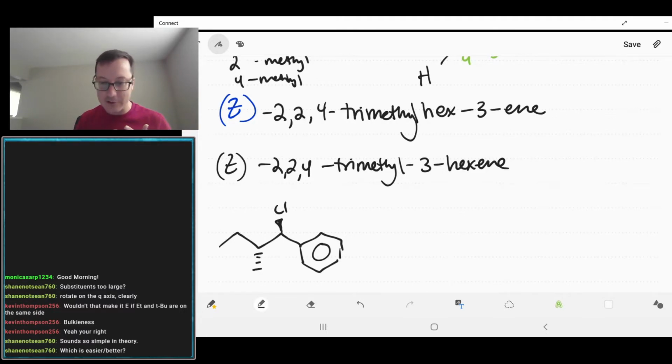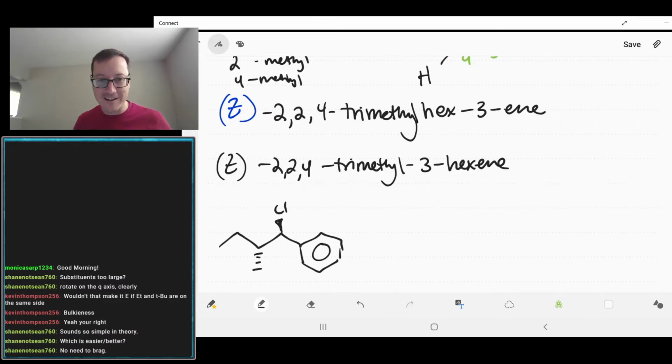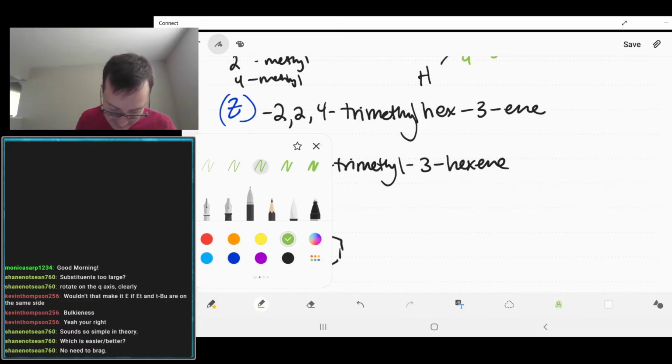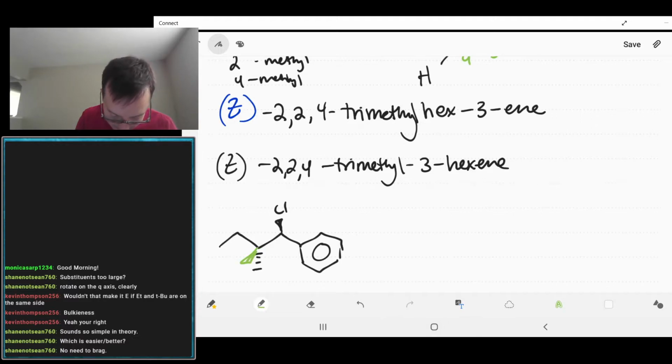So again, we're always looking at our hydrogens, where our hydrogen is in this and where our other things are. So here we have no hydrogen on the right, wedge hydrogen on the left.